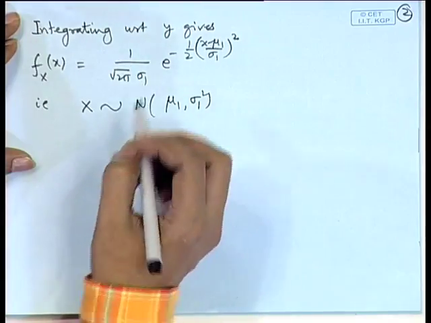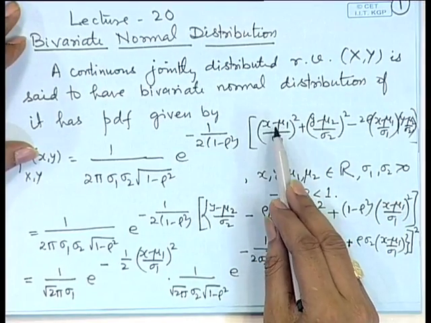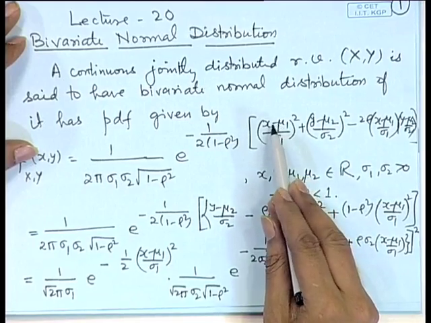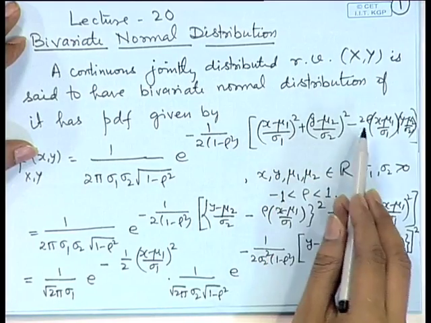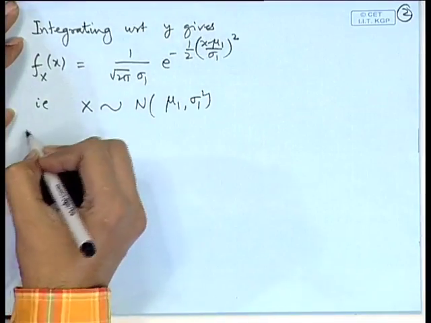In a similar way, we can split this term when we want to integrate with respect to x; then I make it a perfect square in x. So, we will write [(x minus mu 1) by sigma 1 minus rho (y minus mu 2) by sigma 2].